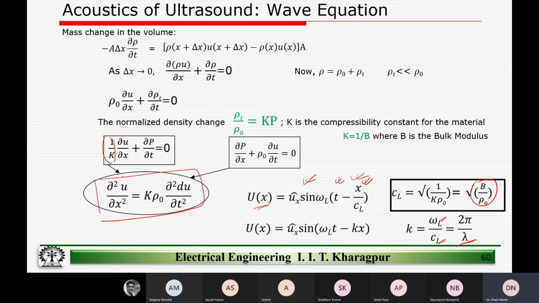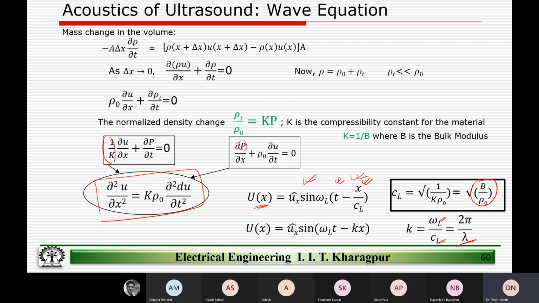And in fact, not only u, so can you tell me what I'm not showing here? Just like u as a function of x, I've used these two equations to come up with an expression for u, the velocity. I could have done the same for pressure, right? So that is the thing that I'm not showing.